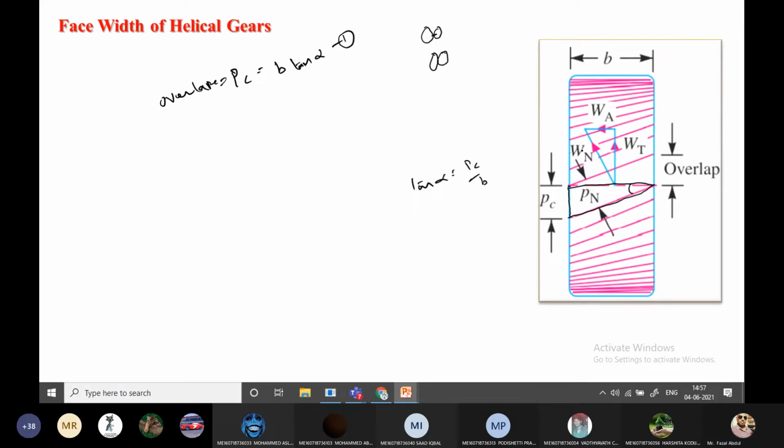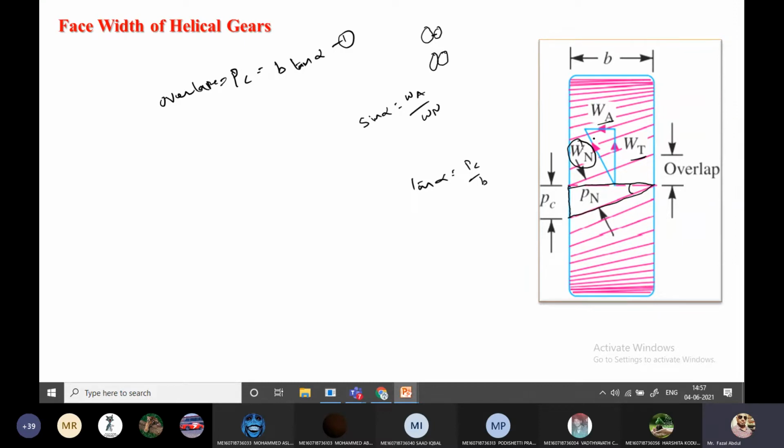Now when the normal load is acting on the gear teeth, you can observe it is perpendicular to the gear teeth. This normal load has two components, one is the tangential component, one is the axial component. By seeing this triangle, sin alpha is equal to how much? Sin alpha equals axial load by normal load.